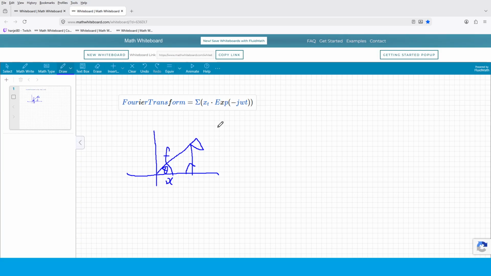So actually the graph may look more like this. This is x, and this is your frequency here. Either way, it doesn't really matter because it's just a method of perception.